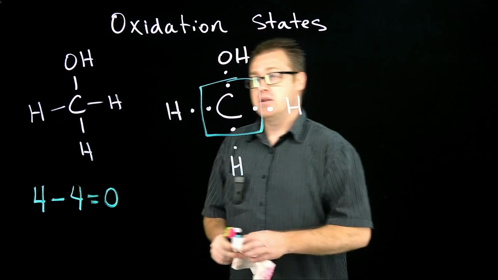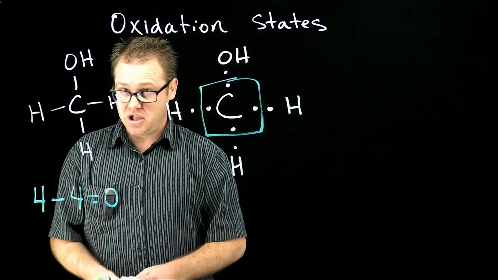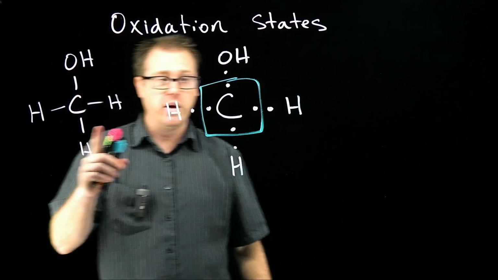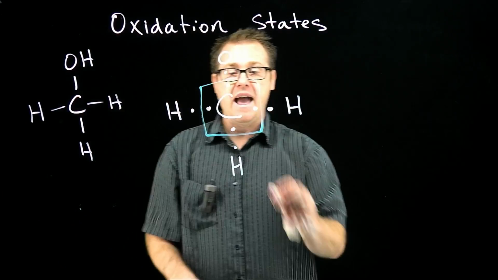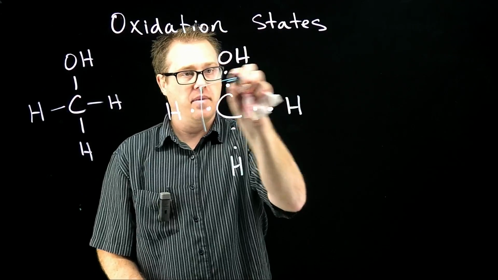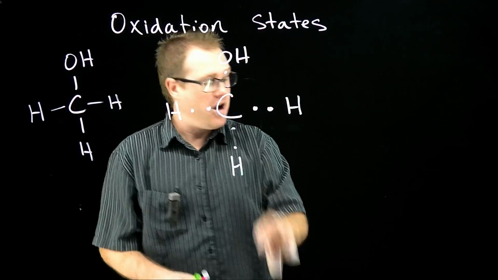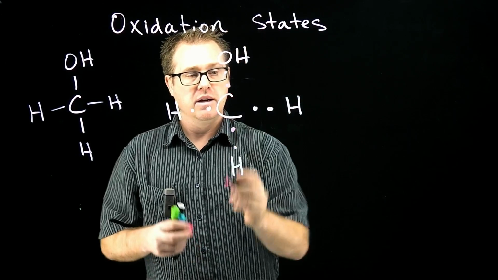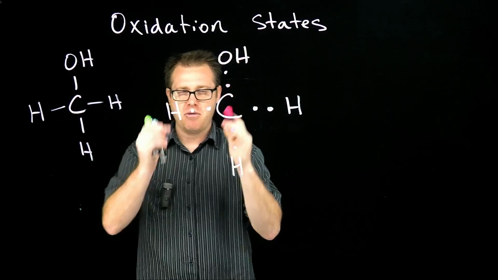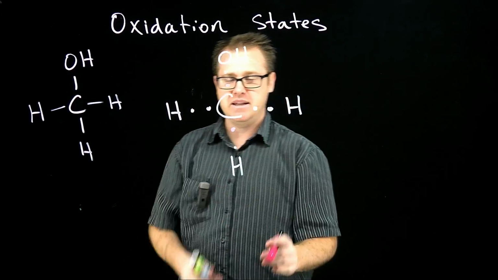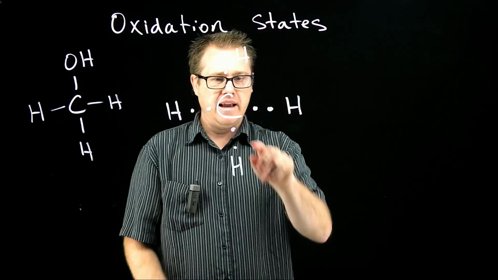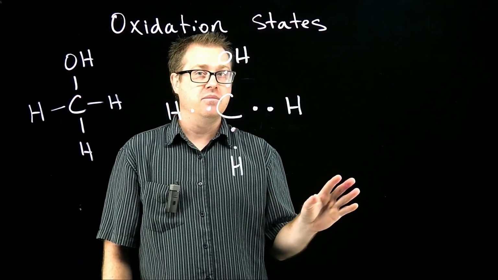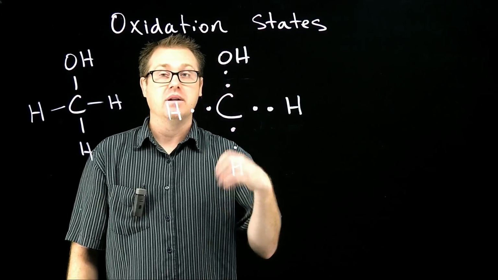But when we look at oxidation numbers, it does it a little bit differently. It looks at methanol as if it were ionic. So we're going to envision this as an ionic species, take all these electrons, and give them to the atom that is more electronegative.